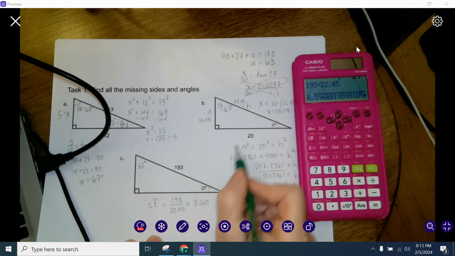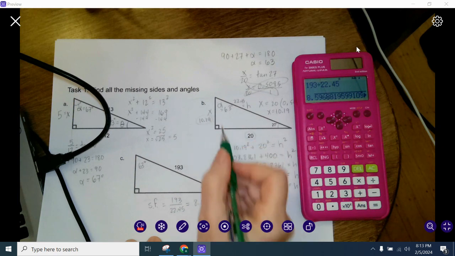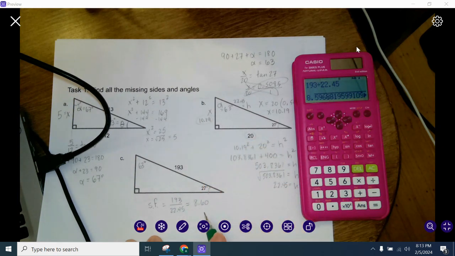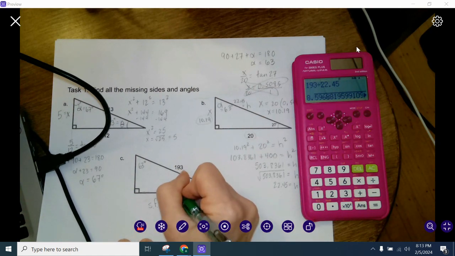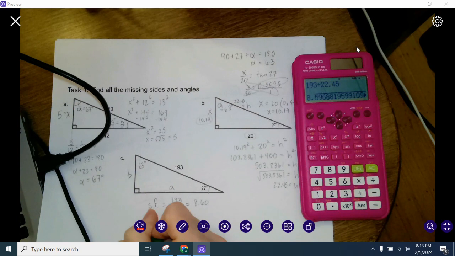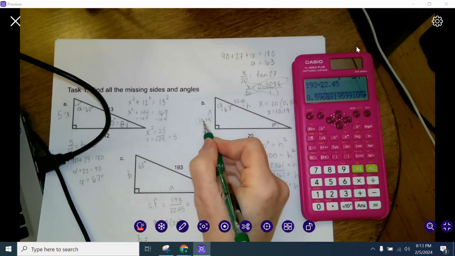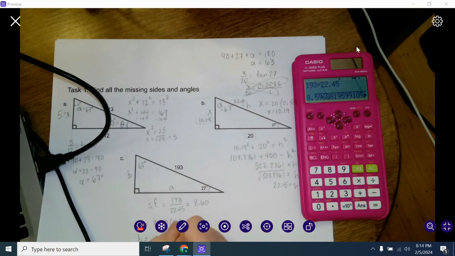So now I can multiply each of the sides from the smaller triangle by my scale factor to get these two sides. So to get this side, which I'll call A, and I'll call this B, A is going to be equal to the scale factor times 20, and B is going to be equal to 10.19.